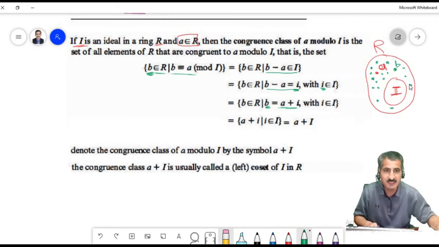But small i can be any element in the ideal. So we got A plus i, with i any element in the ideal.